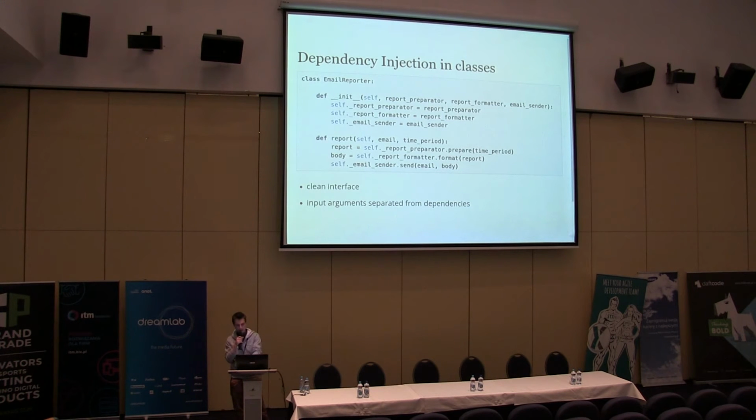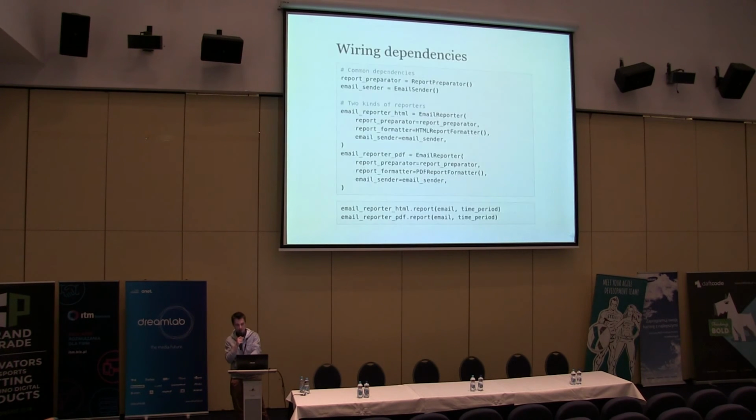How do we inject those dependencies? Here's how you do that. You have 2 different kinds of reporters. One sending HTML reports, and the other one sending PDF reports. We share the same dependencies for preparing reports and for sending emails, but they use different report formatters.